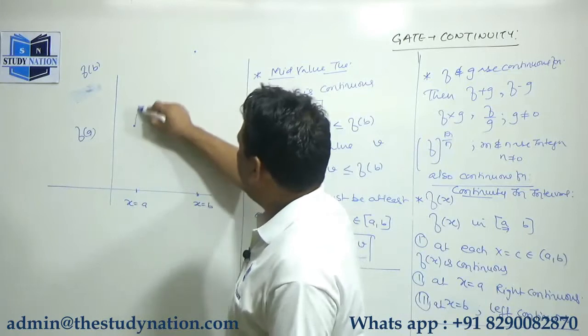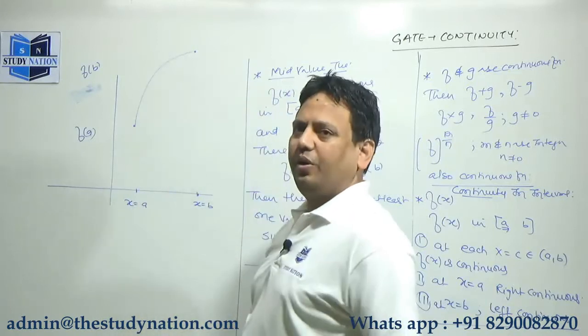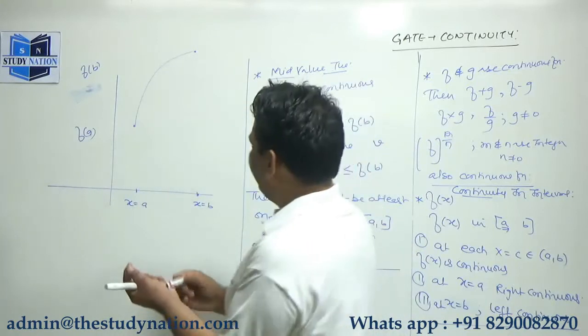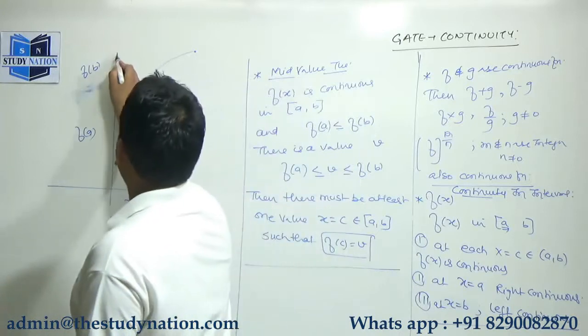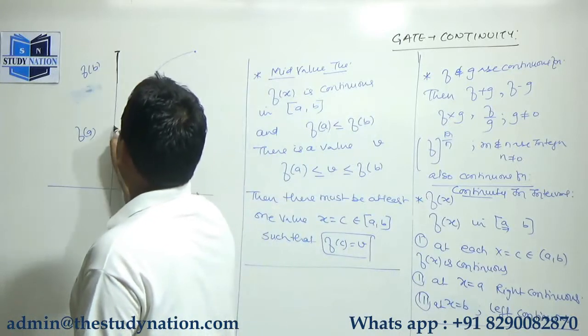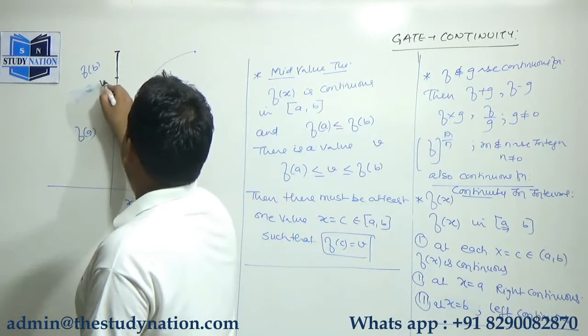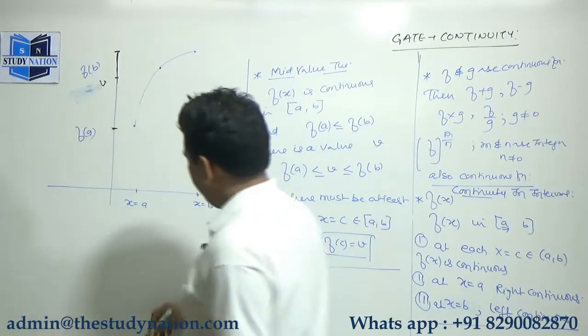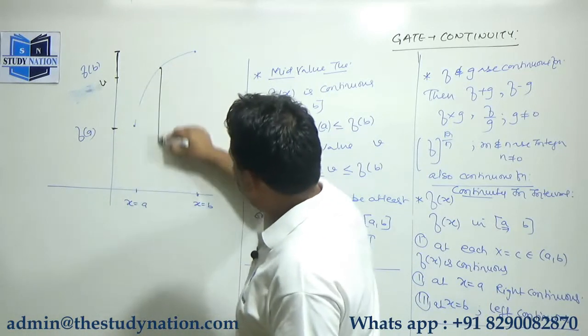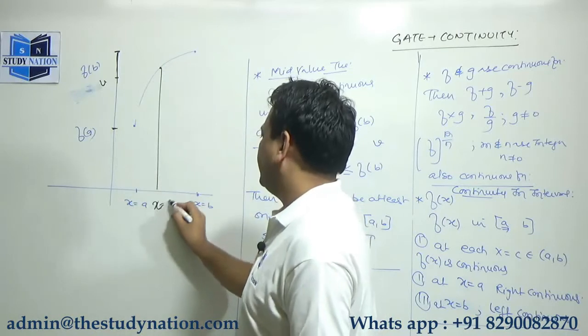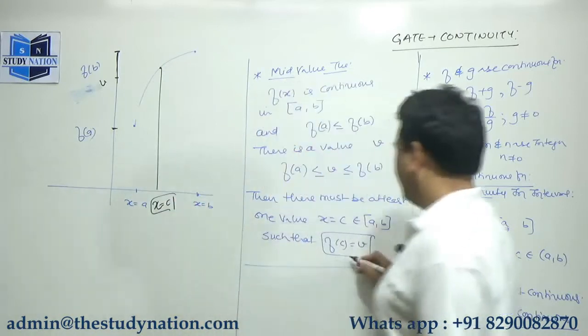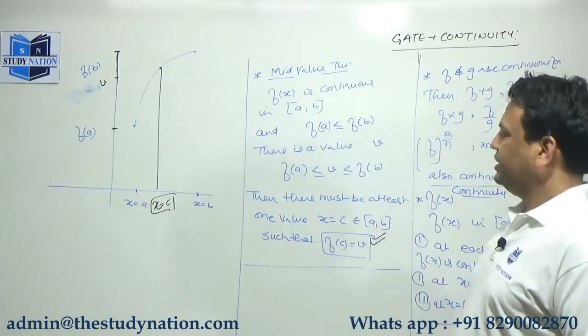Now we are saying there is at least one value v between f(a) and f(b). Then there must be an x equal to c at which the value of the function is equal to v.